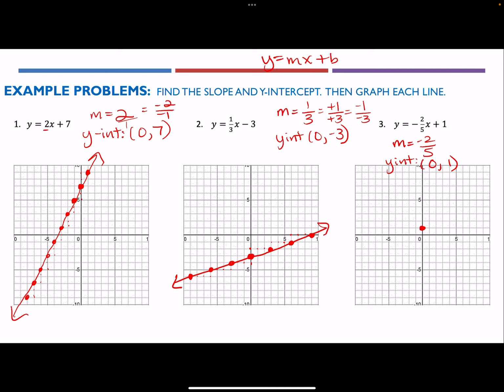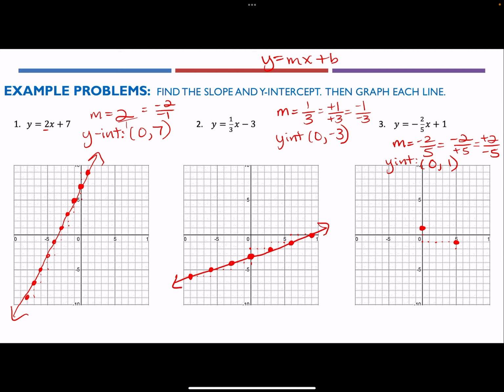Now, in order for my slope to be -2/5, it could be -2 over +5, or it could be +2 over -5, right? Meaning, if it's -2 over +5, I would go down 2, because that's -2, but then I go to the right 5.